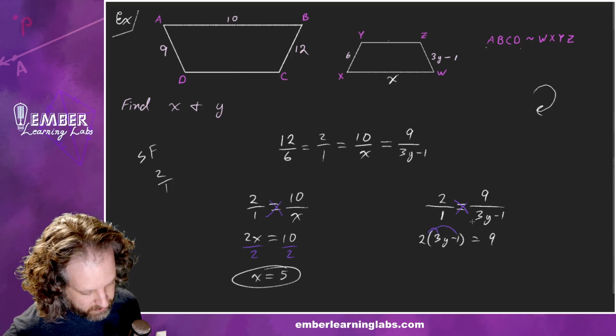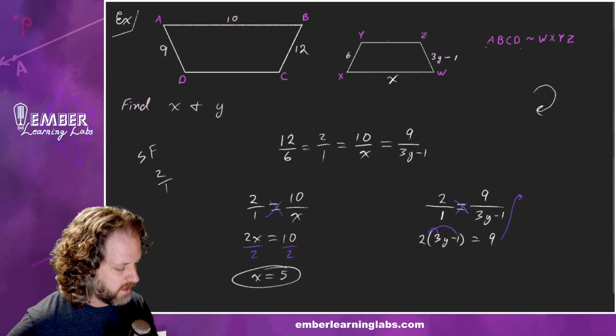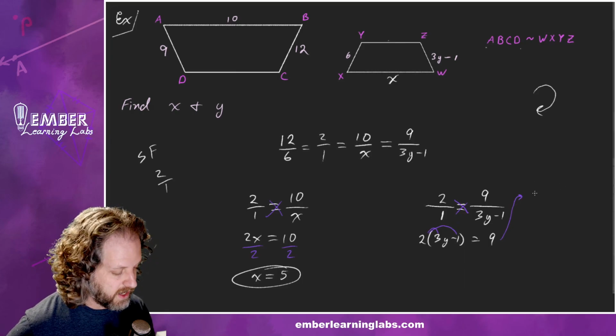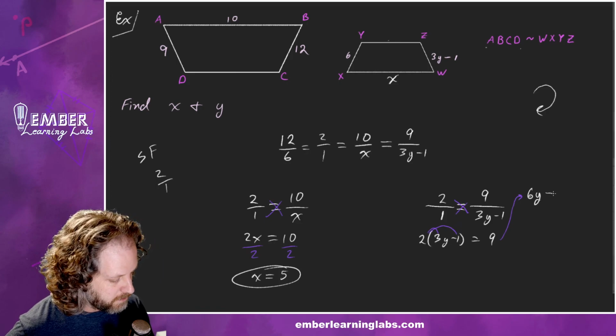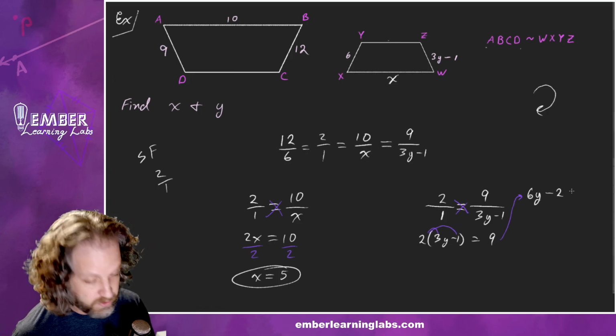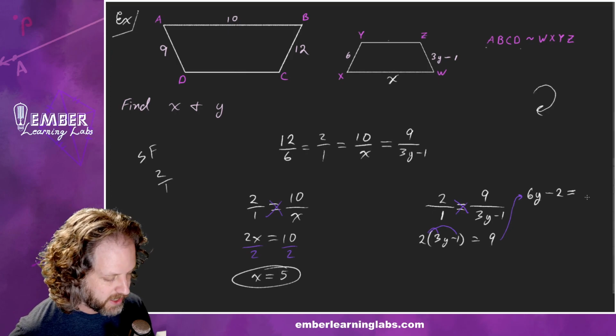Kind of running out of room down here, so I'm going to move this up to here. That seems reasonable. 2 times 3y is 6y. 2 times negative 1 is negative 2, same thing as subtracting.